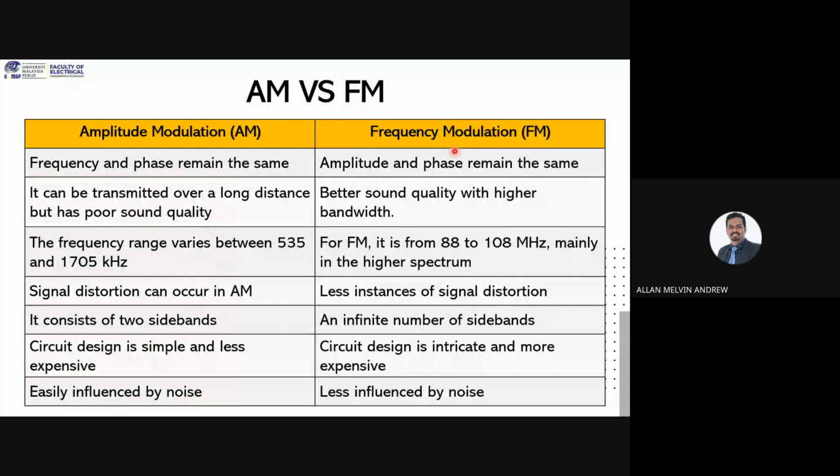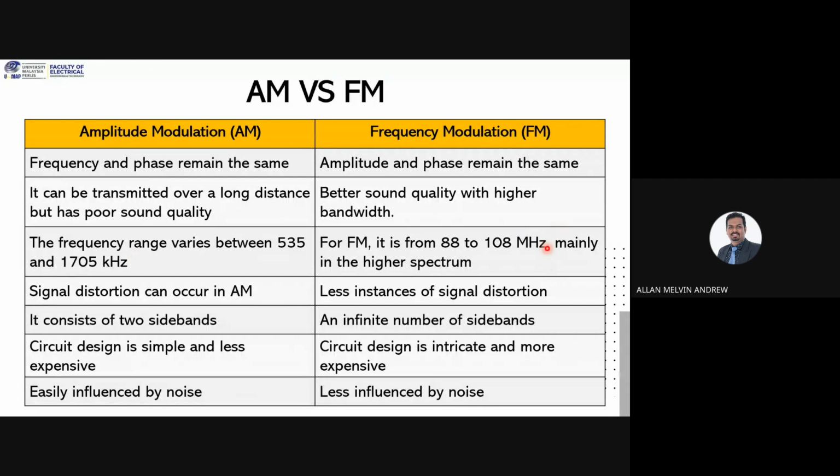In frequency modulation, it has a better sound quality with higher bandwidth, because you have more frequency in between, so you can play around with the sound quality and improve it. For AM, the frequency range varies between 535 and 1705 kilohertz. You can see the difference here.